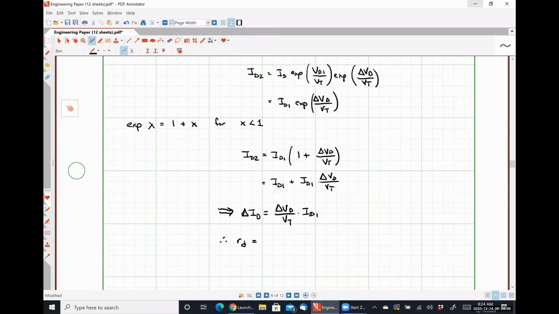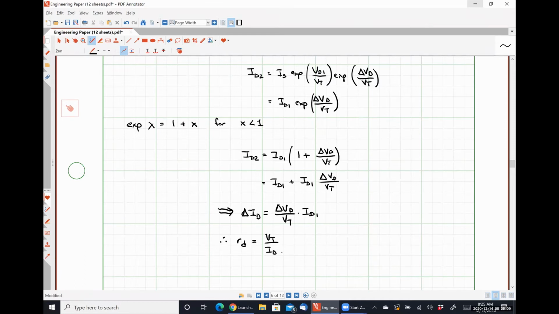And it will be defined simply as VT divided by ID. So at our operating point, our dynamic resistance is simply the thermal voltage divided by the diode current of our initial set here.